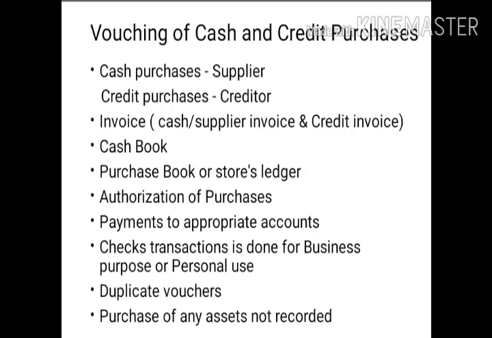Other than that, it is not treated as purchases, though it is cash or credit. And the auditor should insist on producing a duplicate voucher if the original vouchers are missing. The auditor must ask for a duplicate copy of the missing voucher for the payments made against a cash purchase or a credit purchase.